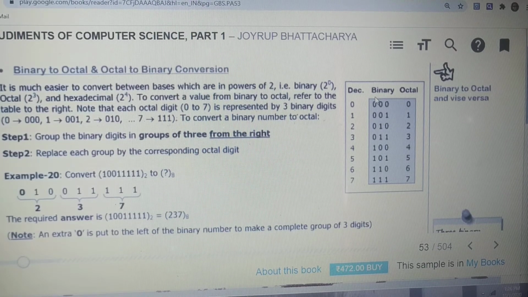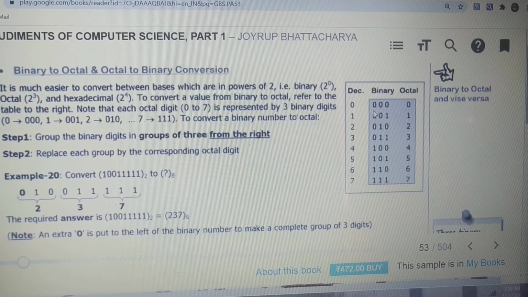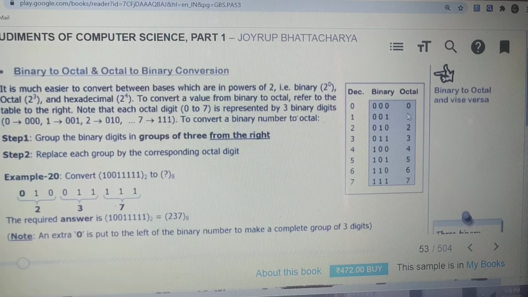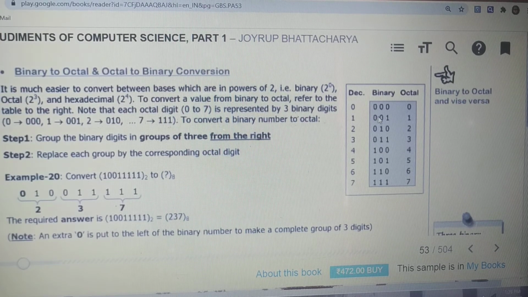But in binary representation, an octal number 0 is represented by 3 bits, that is 000. And if the value is 1 in octal, it is represented by 3 digits, that is 001.